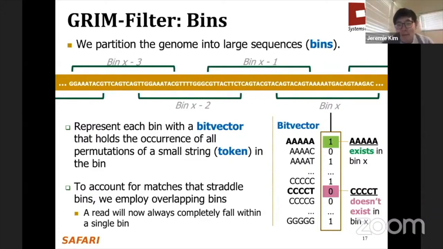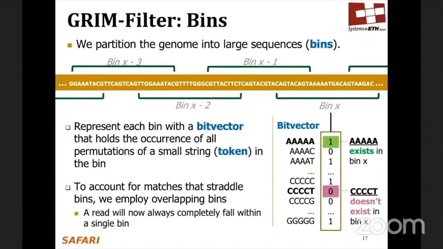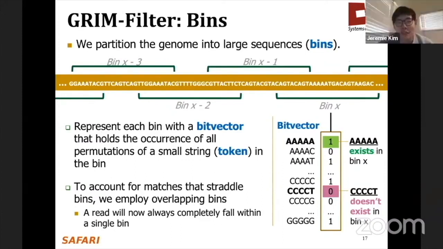I see. Do you think you should build another bit vector to consider the complement of the strand, or maybe you can find a simple hack? Yeah, so I would say the easiest way to adjust that is to, for every single read, just reverse complement the read and then map it as well. And then it should work.